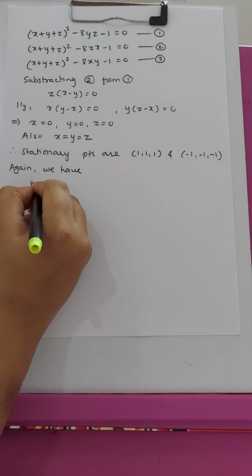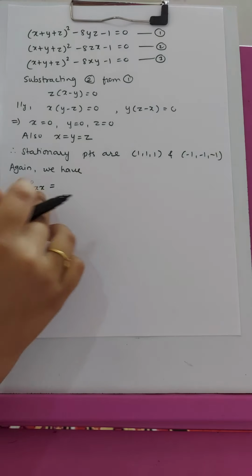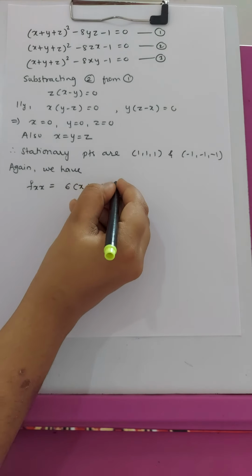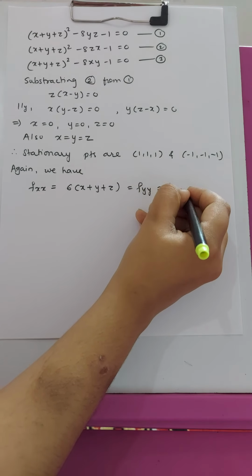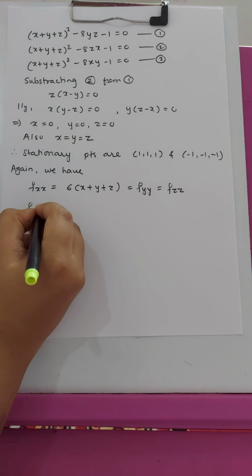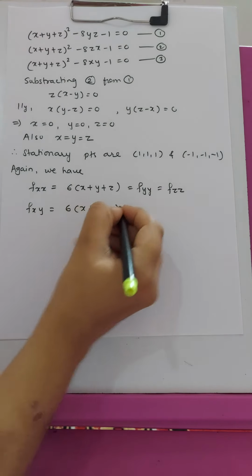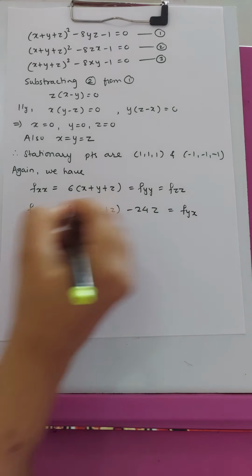So f xx, the partial derivative of fx with respect to x, we get 6(x + y + z), which is also equal to f yy and f zz. Then f xy is equal to 6(x + y + z) − 24z, which is also equal to f yx.